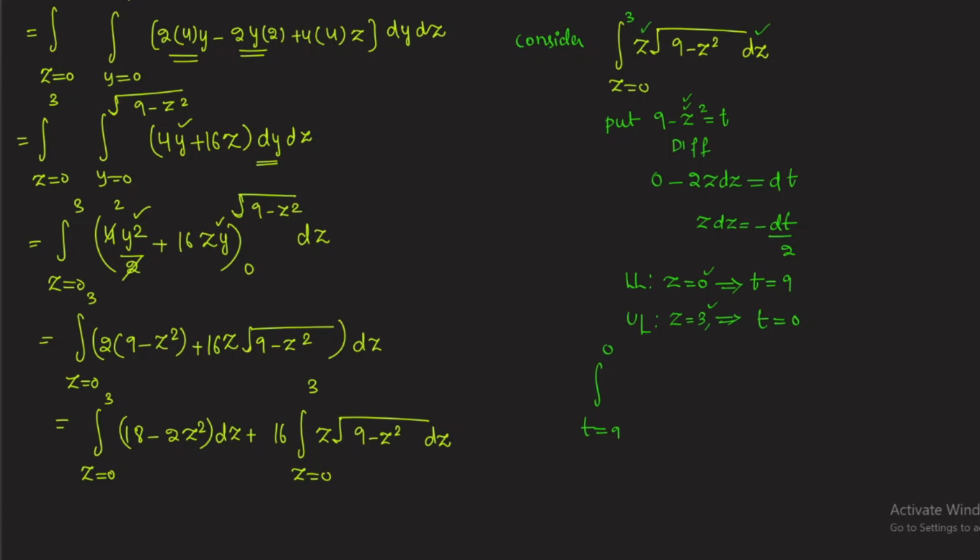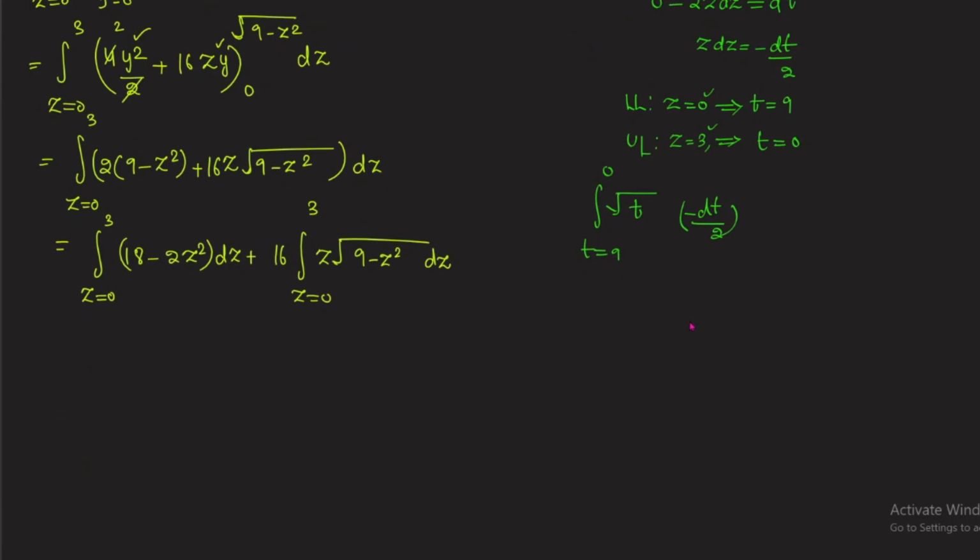The z dz value is minus dt by 2, we have under root t. Now take 1 by 2 outside this integral, we have t equal to 9 to 0 root t dt. Now root can be written as power 1 by 2. So integration of t power 1 by 2 dt will be t power of 1 by 2 plus 1, that is t power 3 by 2 divided by 3 by 2, that is 2 by 3 t power 3 by 2.